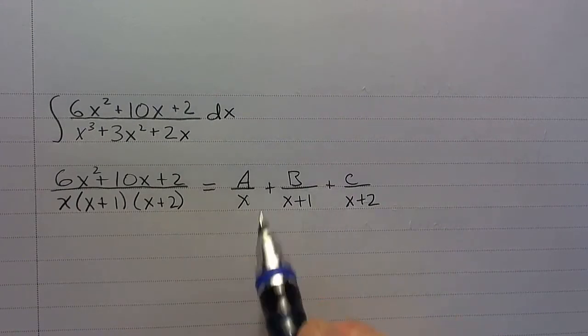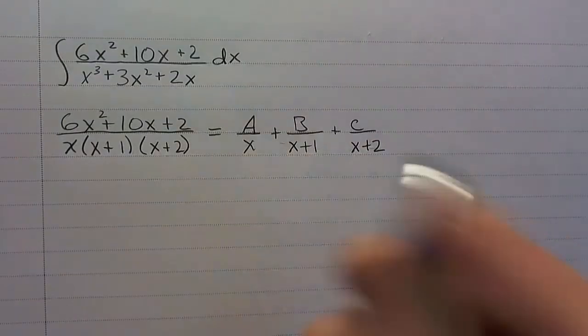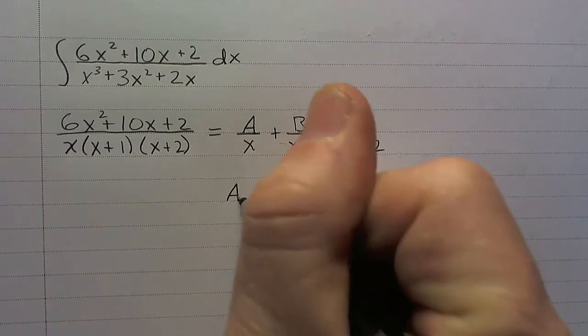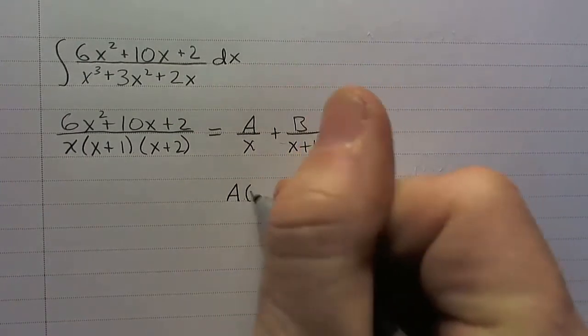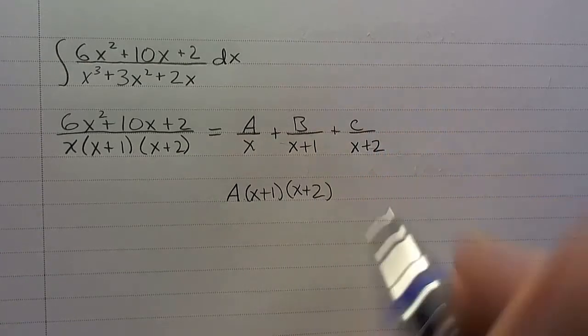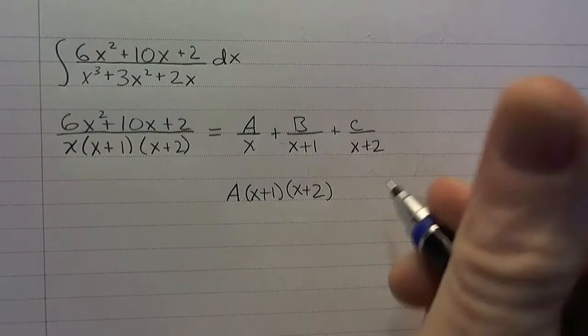I'm going to get a common denominator, which of course is x, x plus 1, x plus 2. So here's what I'm going to do. I've got a over x. What it needs is an x plus 1, x plus 2. That's what it needs, right? So I multiply the top and the bottom by x plus 1, x plus 2.